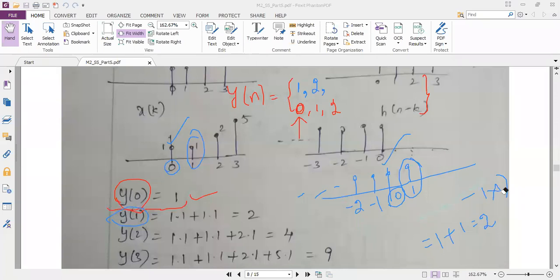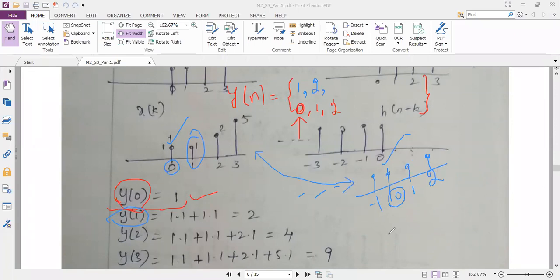Yes, ma'am. Now, the next thing is, to get the output y of 2, I have to shift one more position towards the right. So when I do the shifting, I will get one more sample at the position n is equal to 2. Now can you multiply this x of k and h of n minus k and get me the answer?